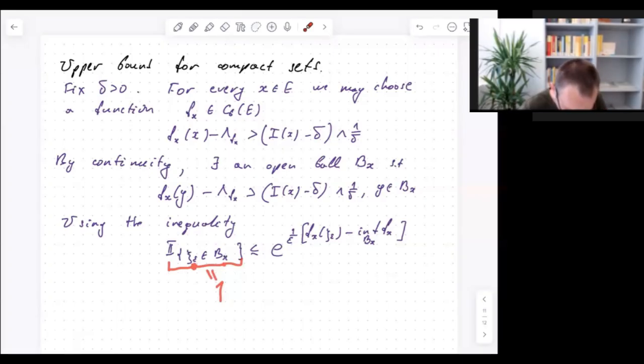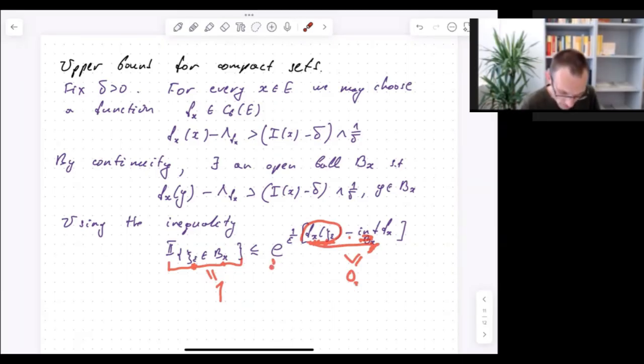Then you consider f_x computed at the point of the ball, and from this function you subtract the infimum over the ball. Since the infimum is roughly speaking the minimum, this difference is non-negative. But if the difference is non-negative, then the exponent to the non-negative power is something larger or equal than 1. So this inequality is satisfied for both cases, when the indicator is 0 and when it is equal to 1.